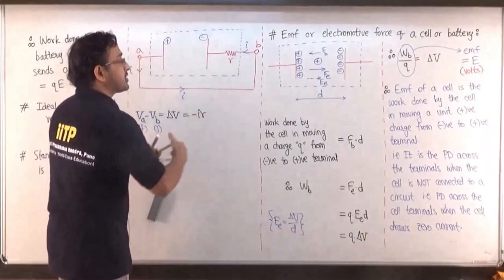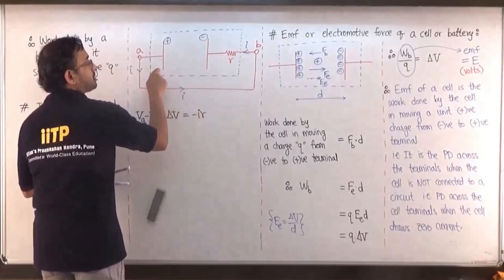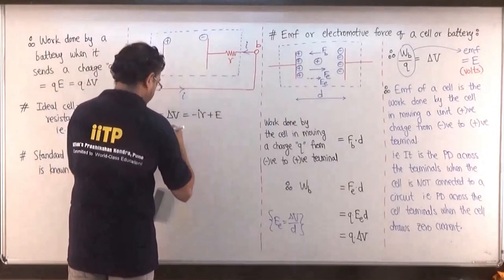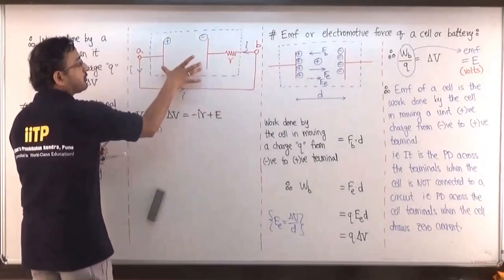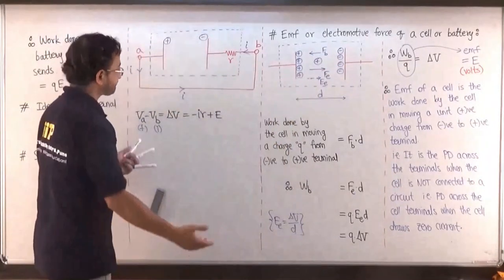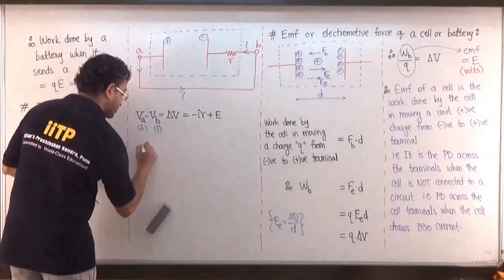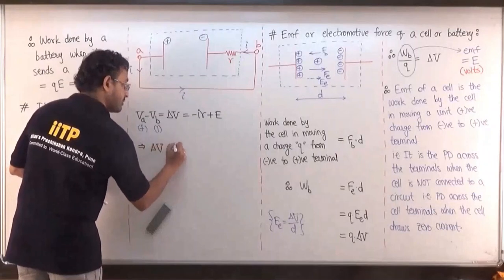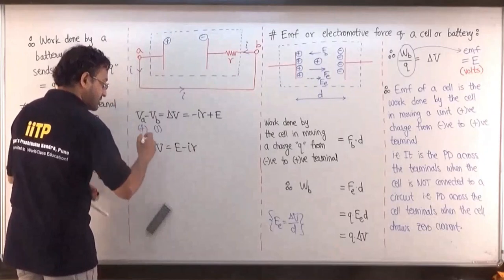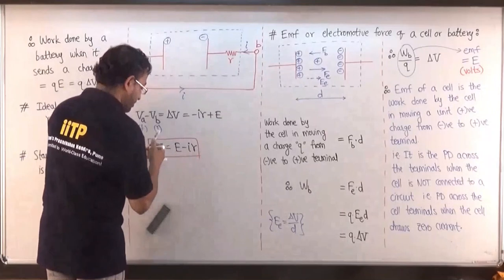Then I am going from the negative to the positive terminal, so that voltage is plus E, which is nothing but the EMF E, as we have already seen. So in this final case, delta V can be understood as E minus IR. That's another equally important relation: delta V equals E minus IR.